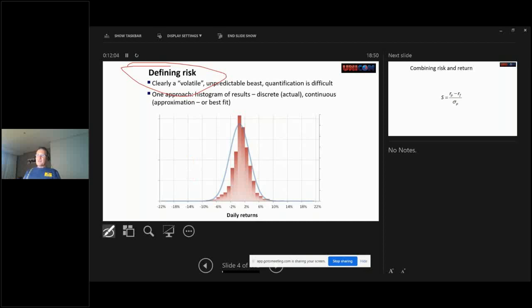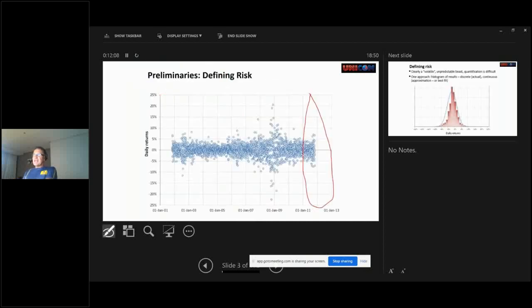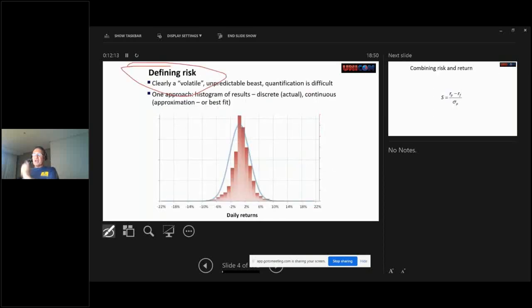So let me draw with a pen. Let me draw something else. Remember, this thing you've got on the screen is the distribution of these returns. But if I went and I got another share and I found that the distribution of those returns, whoa, it's very hard to draw a normal distribution, looked like that.